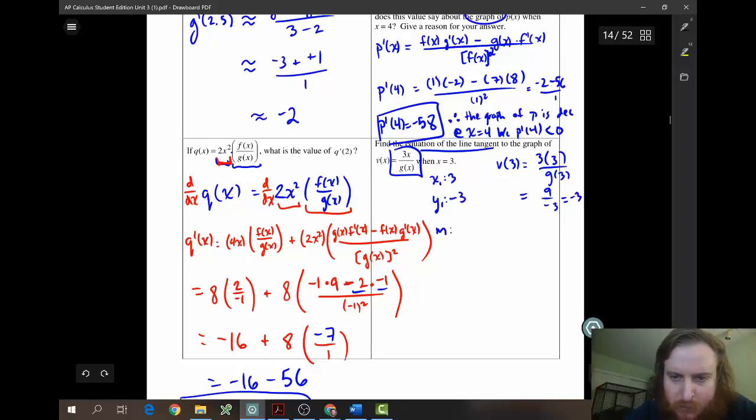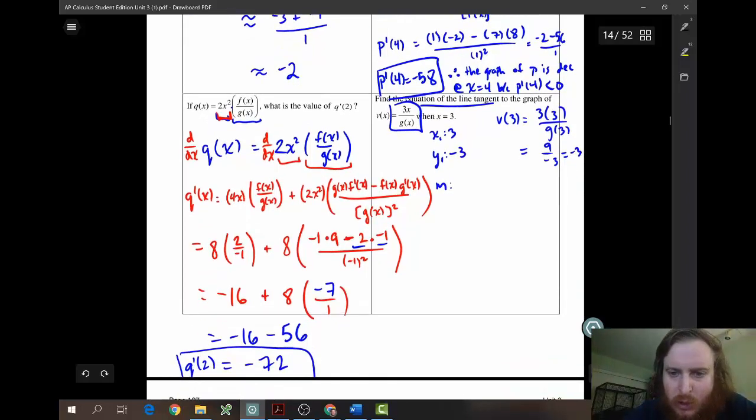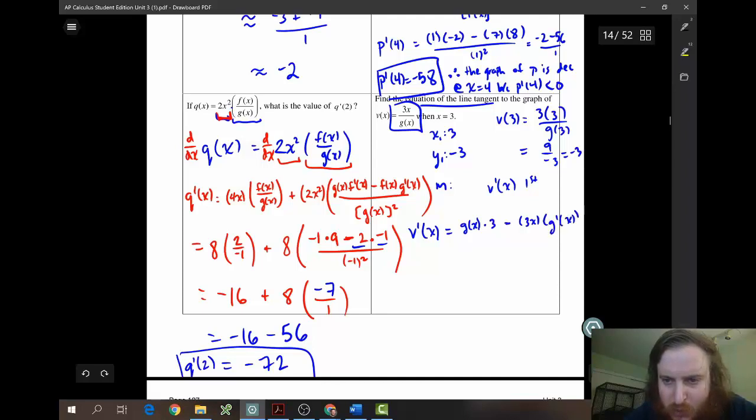And then for m, this is where we need to do the quotient rule. So we would need to do v prime of x first. So I'm going to do it down here where I have a little bit more room. v prime of x would be low, g of x, d high times 3, minus high, 3x, times d low, g prime of x, all divided by g of x squared. And now we're going to plug in at 3.